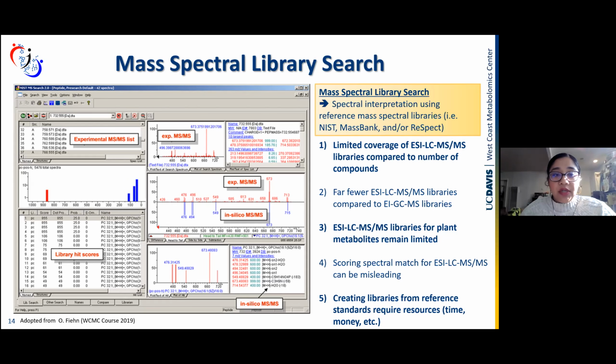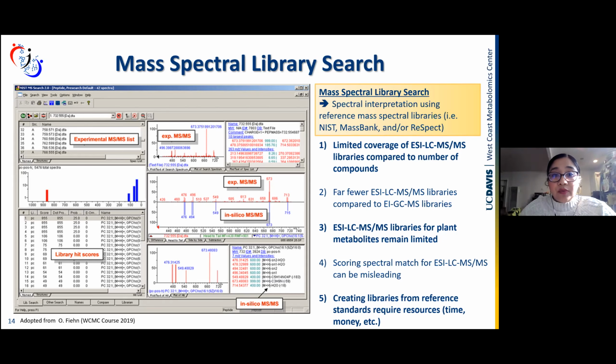And I'll talk about that in the next slide as to why that is. There are far fewer LC-MS libraries compared to GC-MS libraries, and just an added bonus there, GC-MS libraries are much more robust because of the ionization technology that's used to create those spectra.